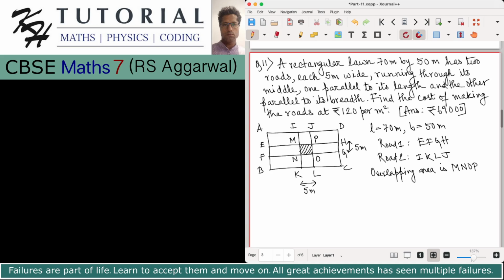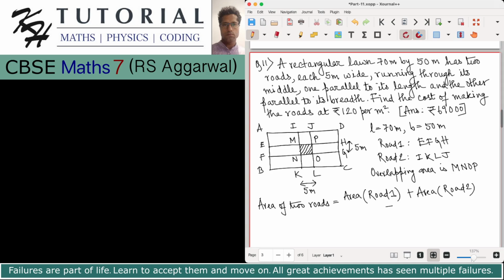So we can clearly say that the area of the two roads is equal to the area of road 1 plus the area of road 2 minus the common area.